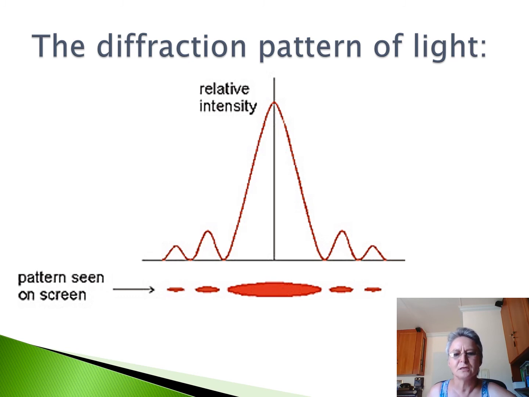You would see on the screen a central, wide and very bright central band, so the relative intensity is high, and these places where the graph hits the x-axis are the spots of destructive interference, so your nodal bands, and you'll see that the intensity of the light graph decreases as you move towards the edges of the pattern.